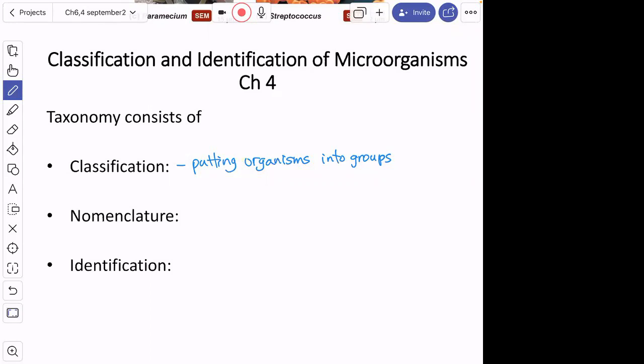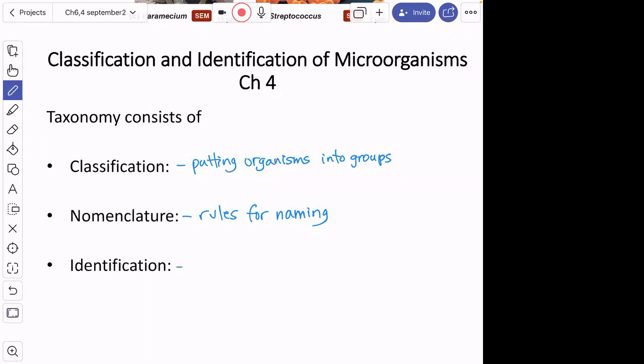So it's a constantly changing science, and scientists don't always agree about how to classify something. Nomenclature just means that there are rules for naming organisms. There are some rules that we'll get to, but again, not everybody agrees on them.